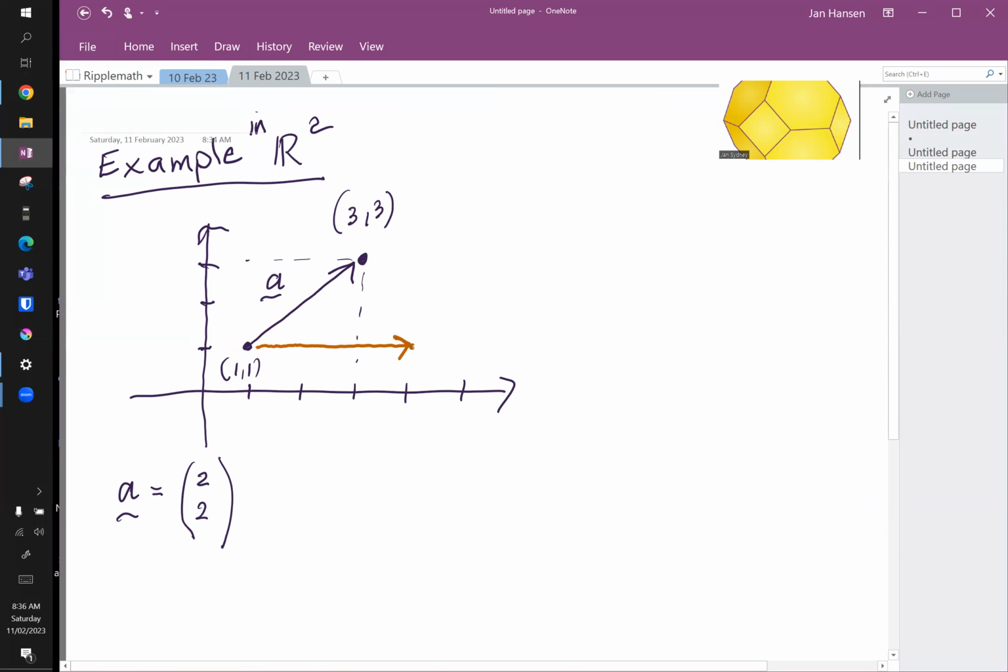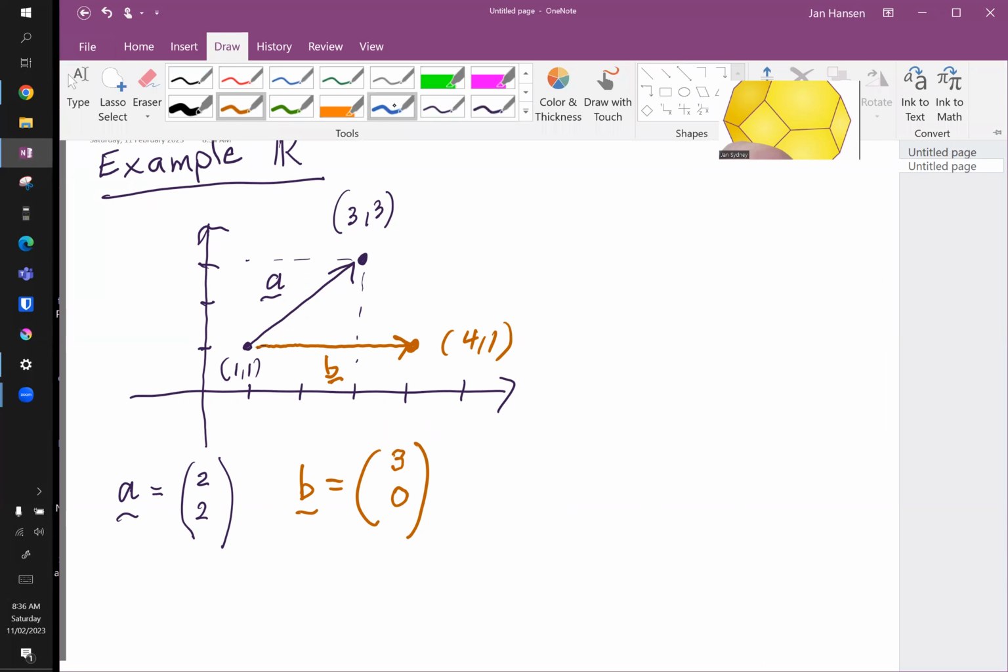Let's let that be vector B. That's the point 4, 1. So B is 4 minus 1 is 3, and 0. So it points 3 to the right. That's the length of B as well, which is going to be handy for our formula.